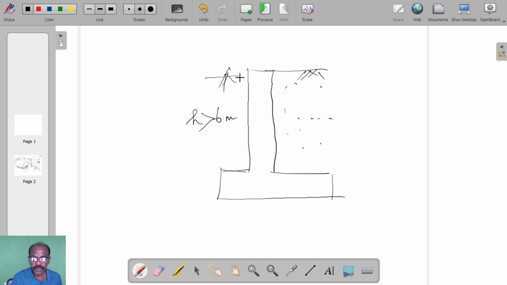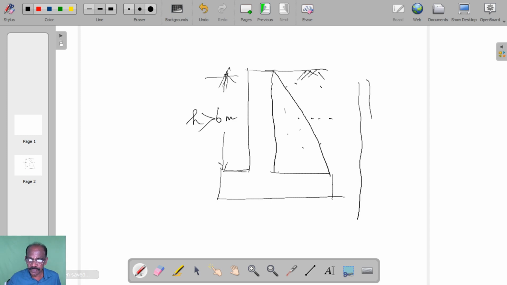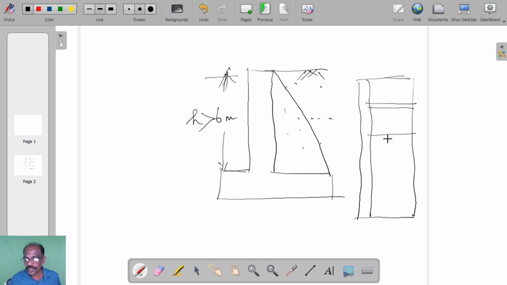Then we are going for the counterfort retaining wall, where at some frequent interval we are providing some walls like this. Here the plan is like this. Now this is the stem portion, and this is the complete heel portion, and intermittently, usually at a distance of 3 meters, we are providing a sloping wall like this.